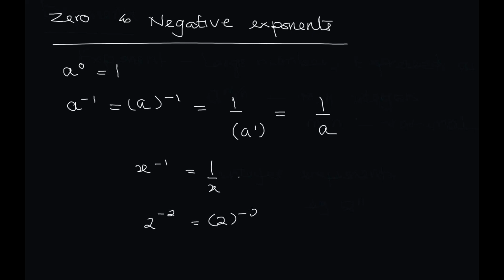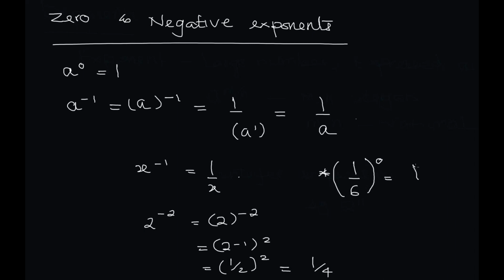We can also look at 2 power negative 2. In a similar fashion, this is going to flip into 1 over 2 power 2, and then we get 1 over 4, a quarter. And even if you have a complex fraction, anything powered to 0 is 1.